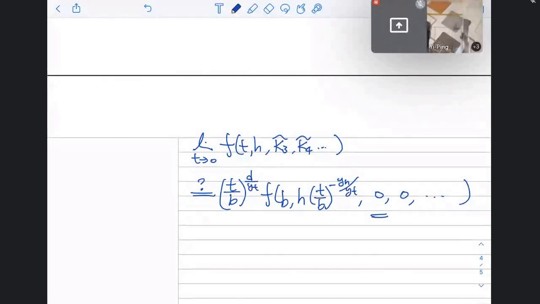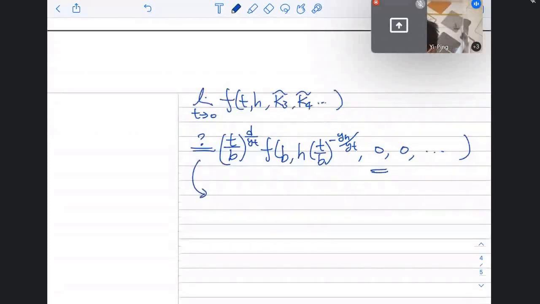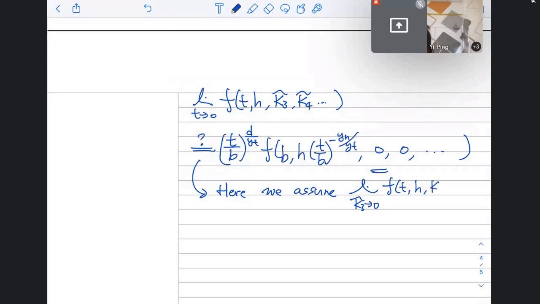So why is there a question mark? It is essentially because here we assume it is analytic.